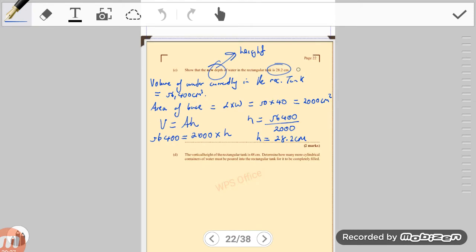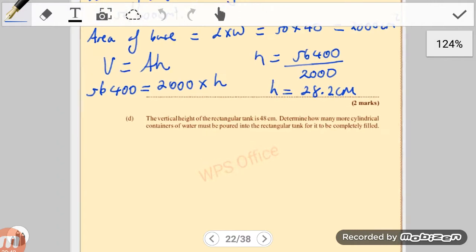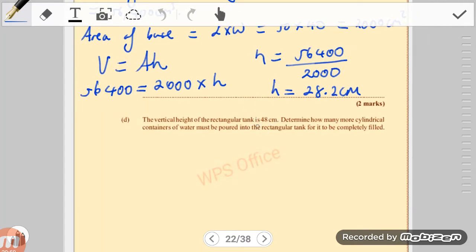Because that's what they ask us to prove here, to prove that it is 28.2. So one portion of the cylindrical tank was poured into the current water that is in the rectangular tank, and it raised the height to 28.2. What we know now, and let's zoom in up here, is that the actual height of the rectangular tank is 48.